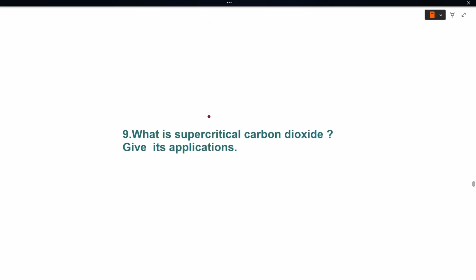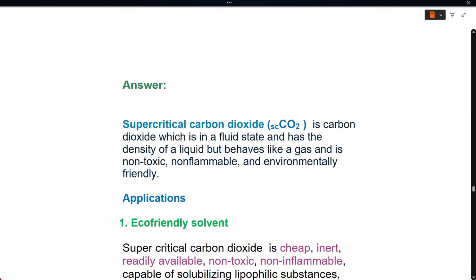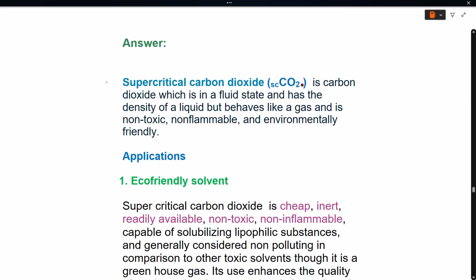Next is, what is supercritical carbon dioxide, and give its applications. Here, supercritical carbon dioxide is carbon dioxide which is in a fluid state and has the density of a liquid but behaves like a gas. It is a non-toxic, non-flammable and environmentally friendly gas.